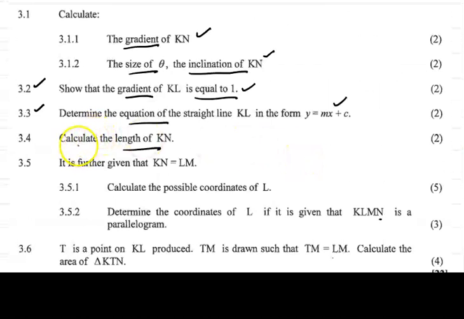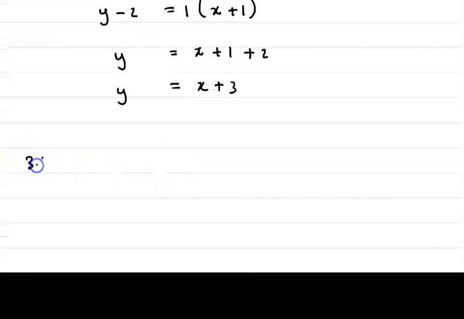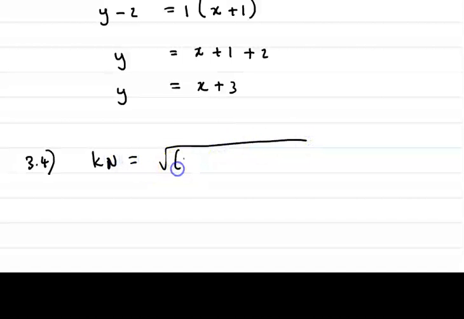And the next question is, determine the length of KN, 3.4. For 3.4, the length of KN, we're going to use the distance formula for length. The distance formula is as follows: the square root of x2 minus x1 all squared plus y2 minus y1 all squared.